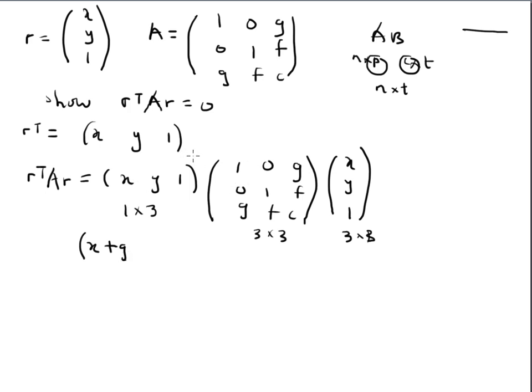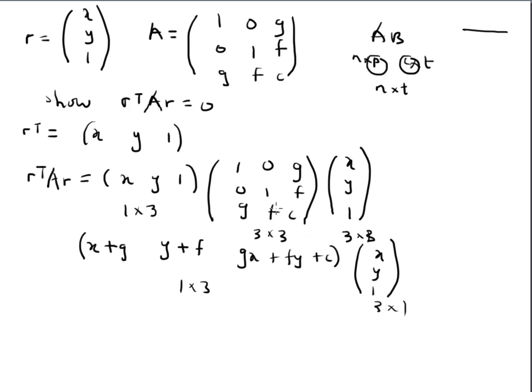We do so for the second one. We get y plus f, and finally we get gx plus fy plus c, multiplying x y 1. So now we continue again. This is a 1 by 3 matrix and this is a 3 by 1 matrix, so our resulting matrix should be a 1 by 1 matrix.